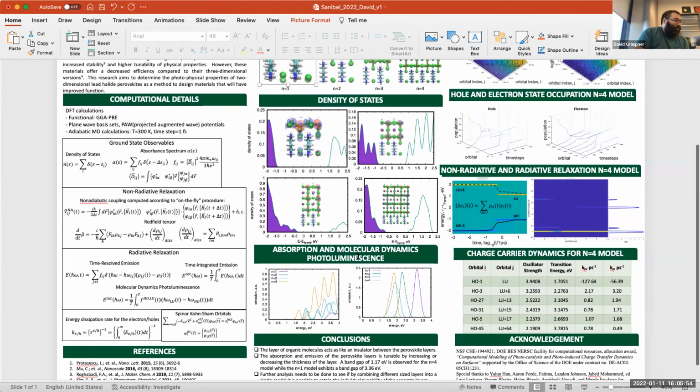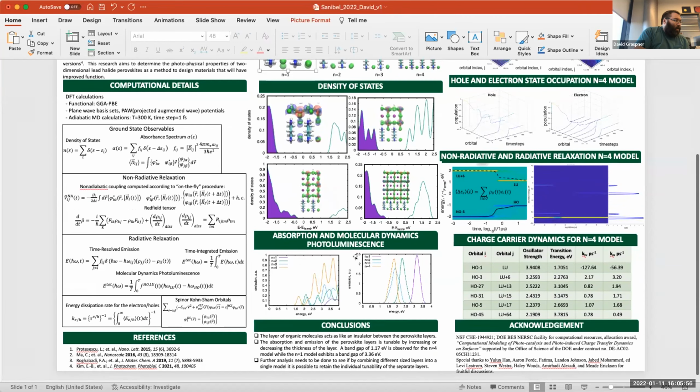And we have some photoluminescence that I did for this. But I don't have the multi-layer model here, like I mentioned earlier. And we're definitely going to want that, because the major focus of the poster that I'm doing is comparing the single layer to the multi-layer.